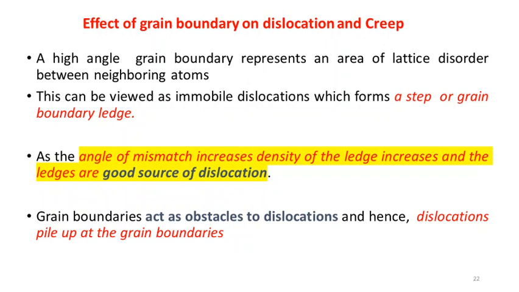Slip is basically the sliding of the atoms layer by layer relative to each other. We know within a grain the atoms are arranged in one particular orientation, and in the adjacent grains the atoms will have an orientation in a different plane. So when we apply a tensile load to this material, at the grain boundary the slip direction is getting disturbed or deviated.